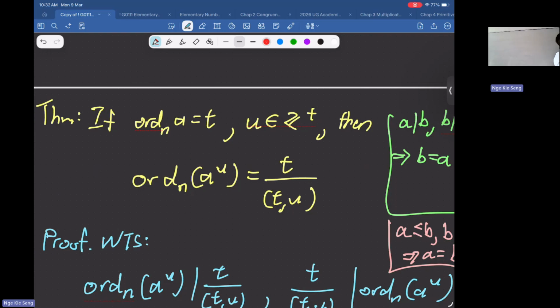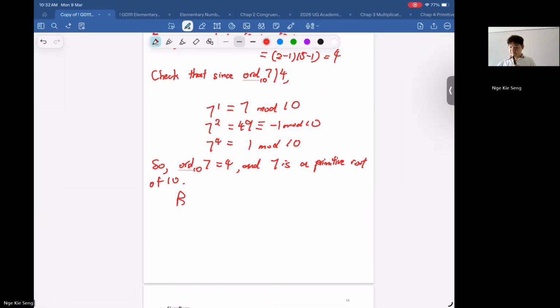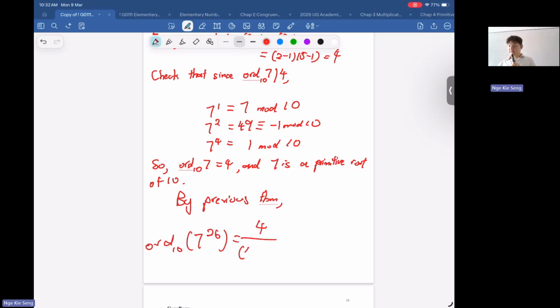You take the order of A and divide by the GCD of your order with the power. So in this case, the order of 7 to the 26 is just 4 over the GCD of 4 and 26. So you get 4 over 2, which is 2.